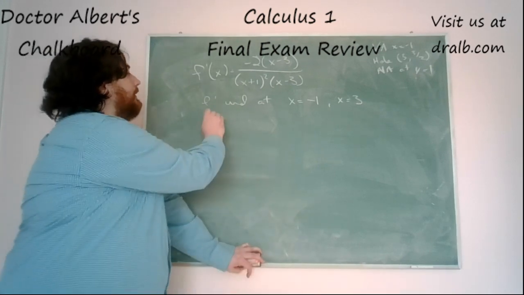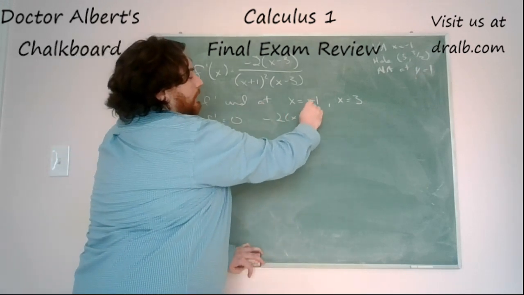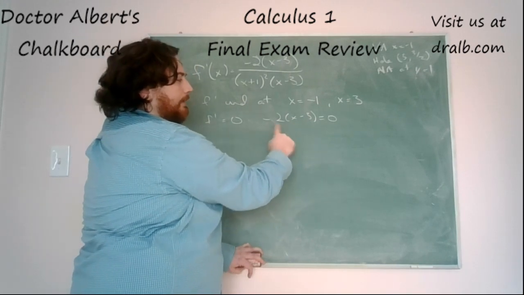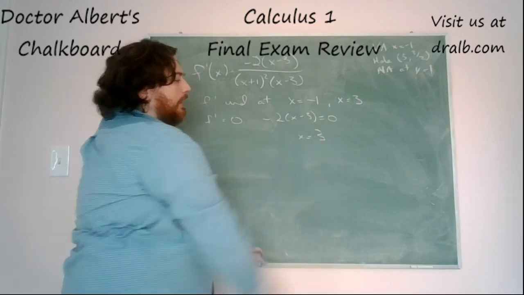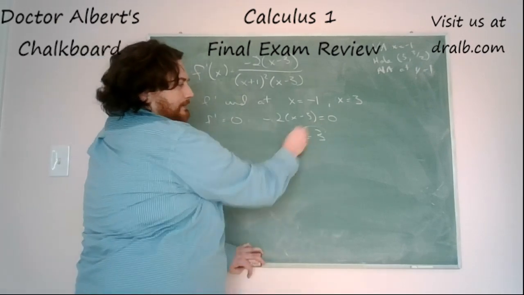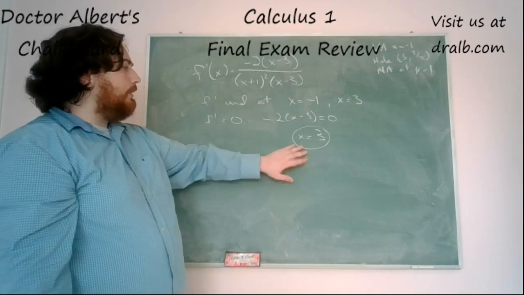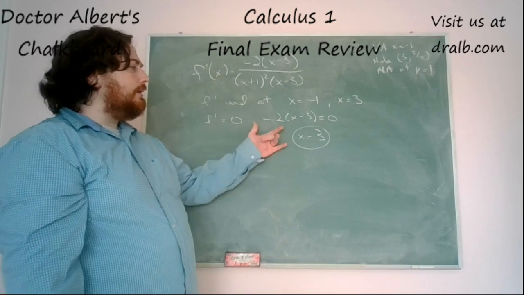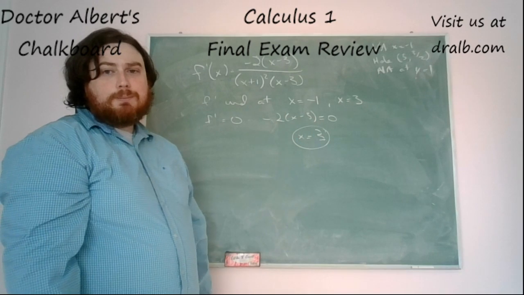Now, to find where it's 0, I'm going to let the top be 0. If I solve that one, I divide by -2. I get x minus 3 is 0, so x is 3. But notice that at 3, I actually have 0 over 0, which is undefined. So I wouldn't technically have a 0 derivative here. But in the grand scheme of things, it's not that big of a deal, because either way, 3 is going to be a partition number for my derivative.